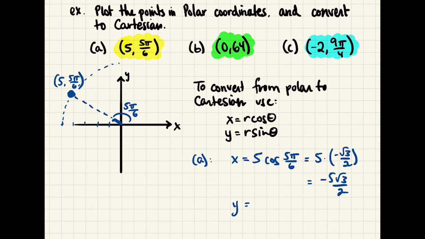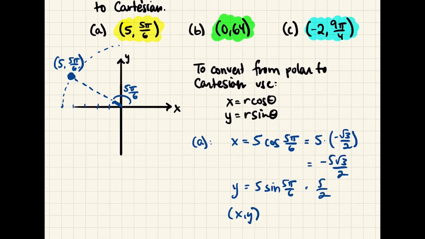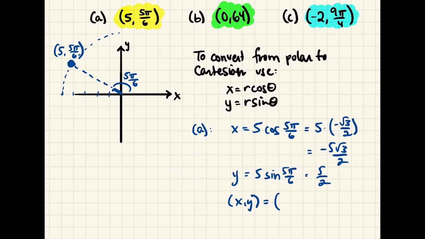And our y will be 5 times sine of 5 pi over 6, which is 5 times 1/2, or 5/2. So the xy coordinate will be negative 5 rad 3 over 2, comma 5/2. If you look at our plotting of A, that seems reasonable for its xy coordinates.